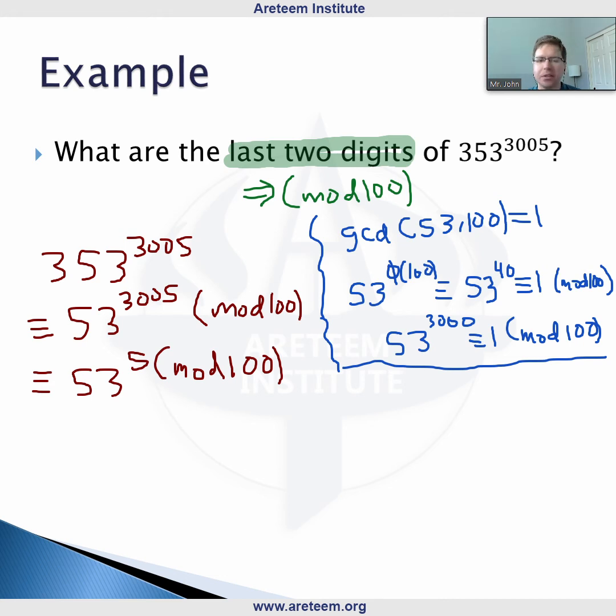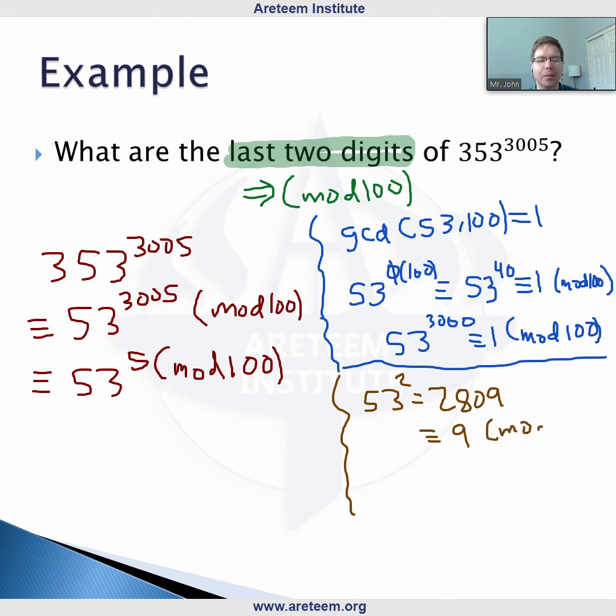Now, there's still a lot of different modular arithmetic tricks you can do from here. So I don't want to spend too much time on these calculations, but there's some nice tricks, and a lot of the time you want to still look for shortcuts. So note 53 squared is 2809. Now, this, however, is equivalent to 9 mod 100.